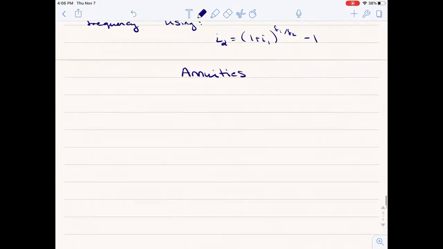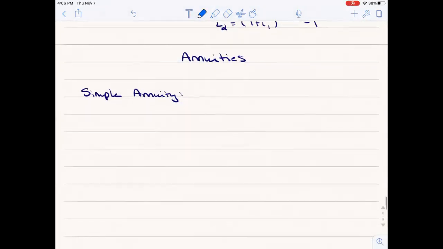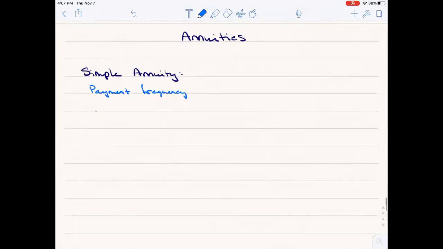So we'll start with a simple annuity, which is, and I'll just use a different color here, when the payment frequency matches the compounding frequency. That's not a situation that we're going to spend a lot of time on, right?